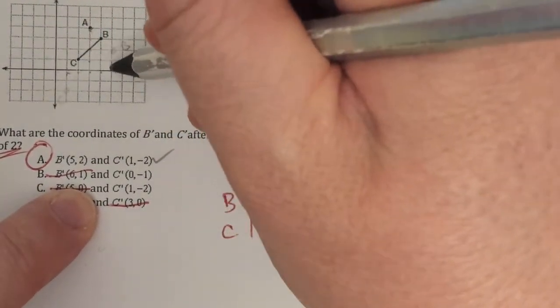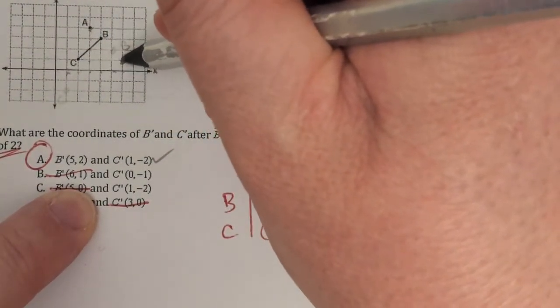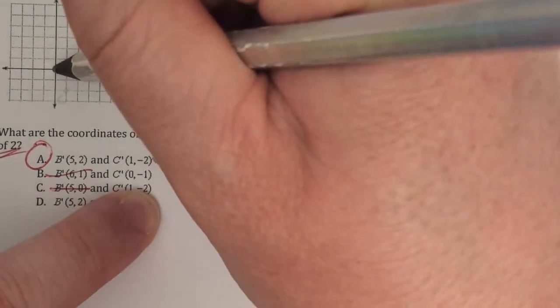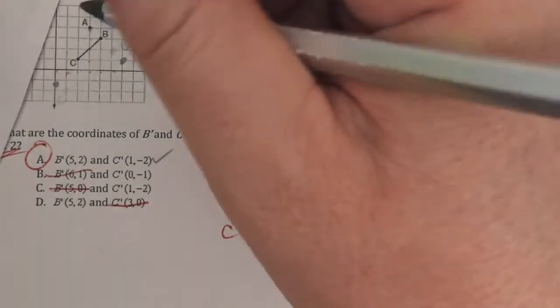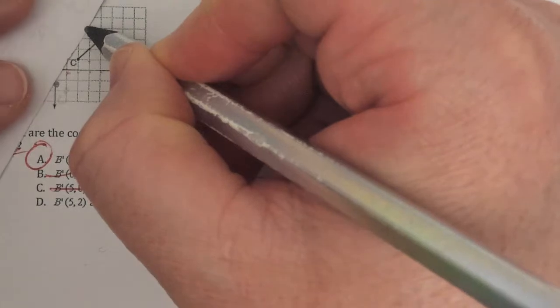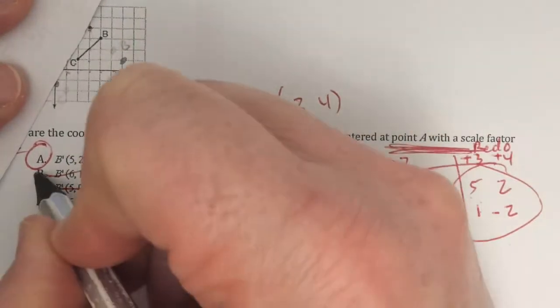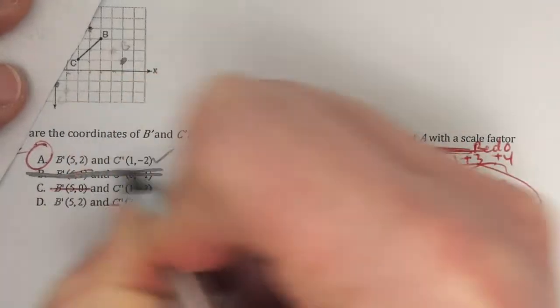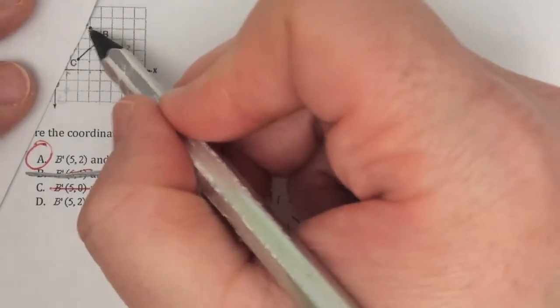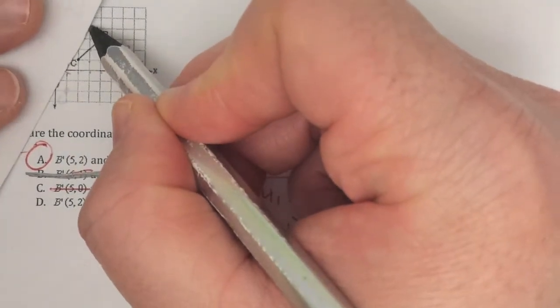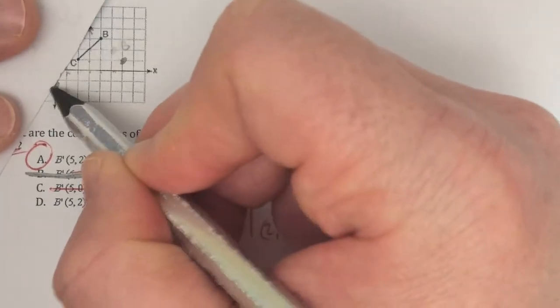Now if I try this again, positive 1, 0, negative 1. Okay, so if I did that, this definitely doesn't work. See how my C is not in line? So I could totally toss out B because my A and my C's are not lined up.